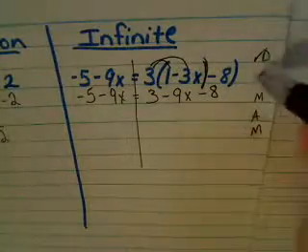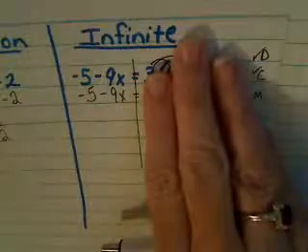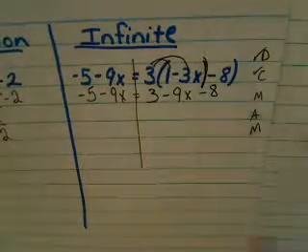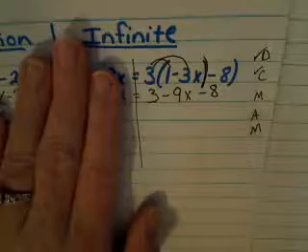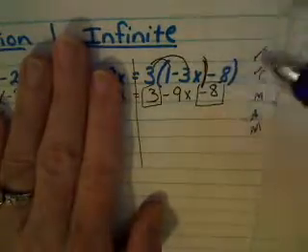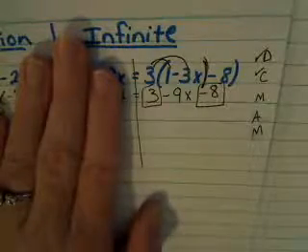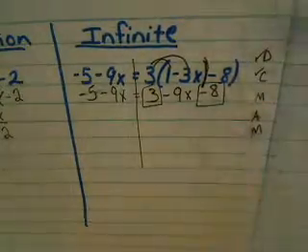Next, combine like terms. I cannot combine anything on that side because one has an x and one doesn't. Over here, I can combine this 3 and the negative 8. Those two I can combine because those are like terms, they don't have a variable.